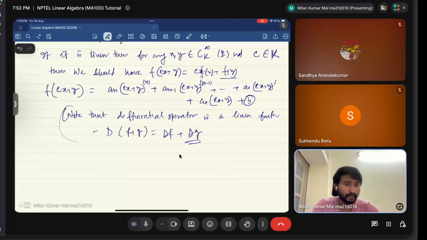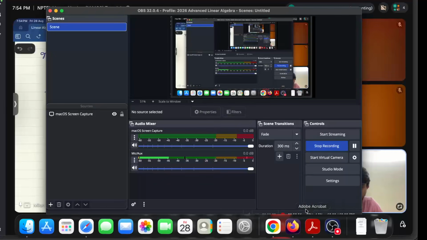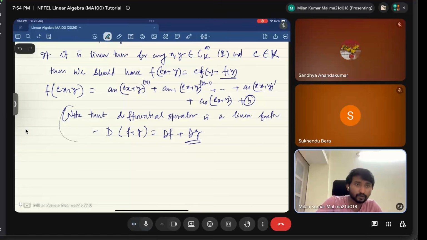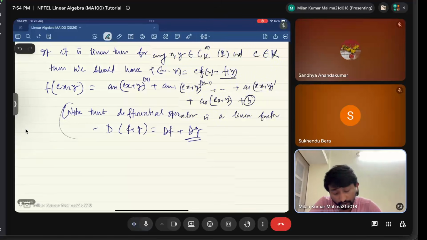This is called the linearity of the differential operator. Similarly, integration is also a linear operator. Operator and linear transformation are the same. Whenever we consider a linear transformation over the same vector space, where the initial and target vector spaces are the same, the linear transformation is sometimes called a linear operator. But they are actually the same.